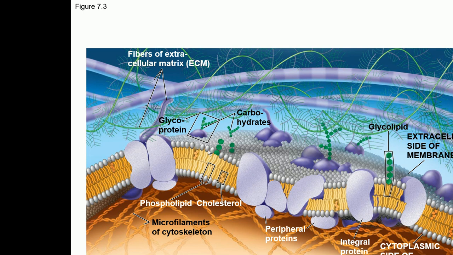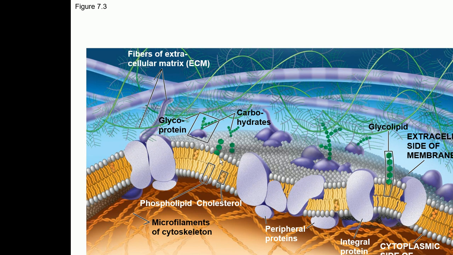And there are some proteins which are embedded in the membrane. These are called integral proteins. All of these are integral proteins, because they're spanning the membrane. The proteins which span the membrane are called integral proteins. But there are different kinds of integral proteins. You can see that this is one integral protein.